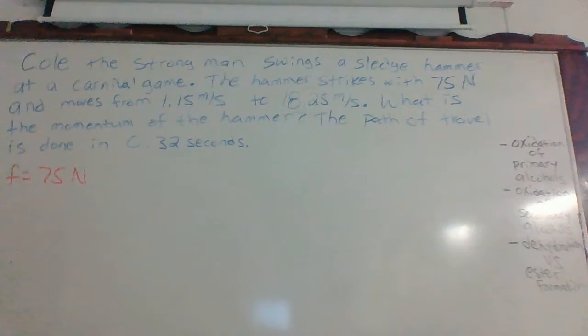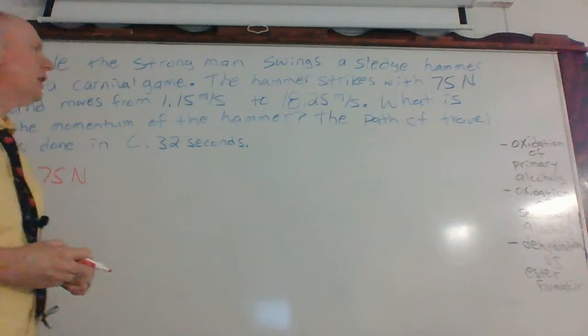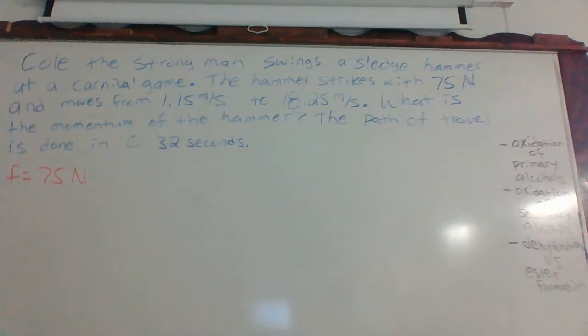Then it says the hammer moved from 1.15 meters per second to 18.25 meters per second. We know those are both velocities because acceleration is meters per second squared. So if it's starting at 1.15, that's an initial velocity, and then it moves to 18.25, which makes that a final velocity.